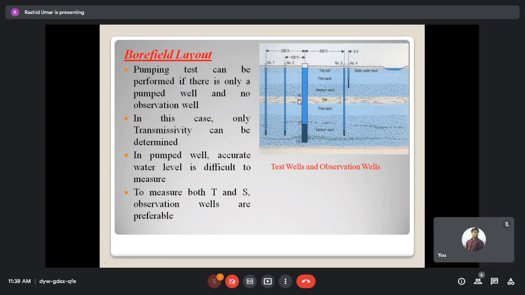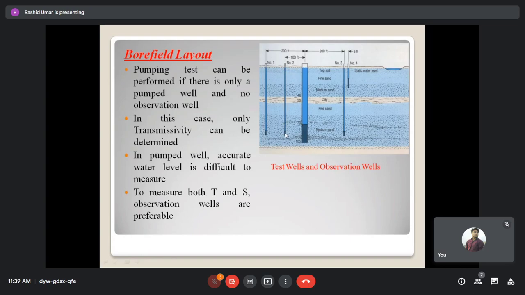Now you see that at a distance there is a well which is written number 3. This is an observation well, and it is also tapping the same aquifer as the pumping well. It has a screen, so it will show the piezometric surface of this particular well.